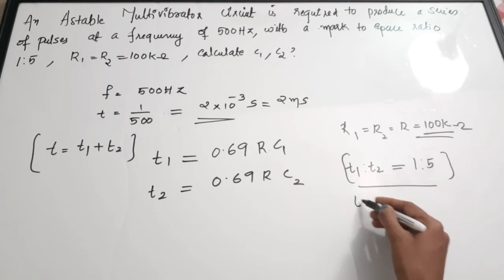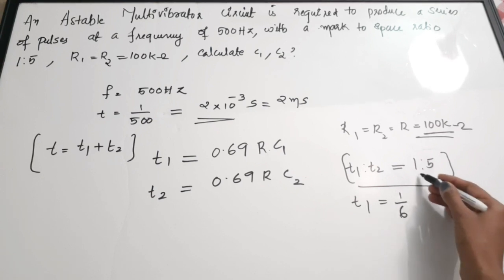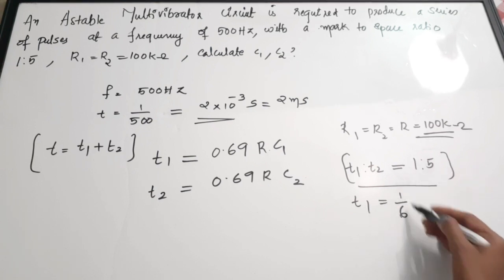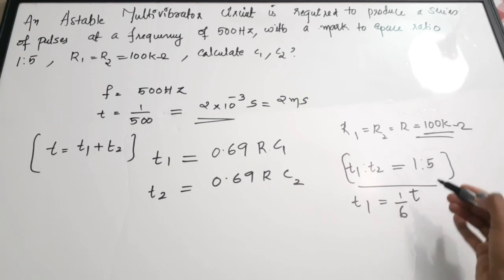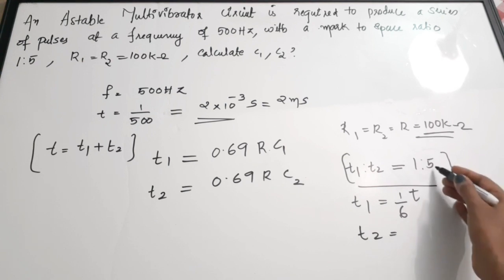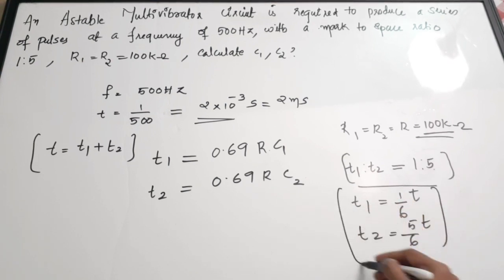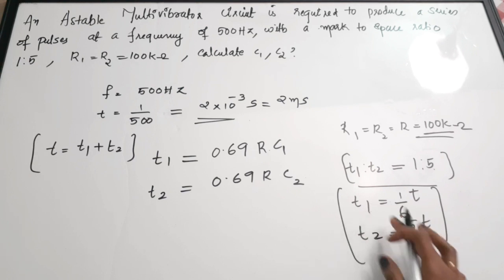So you can write T1 is equal to 1 by 6 of the total time period T, and T2 will be equal to 5 by 6 of the total time period T, where the total time period is 2 into 10 raised to minus 3 seconds, right? From that we can find T1 and T2.